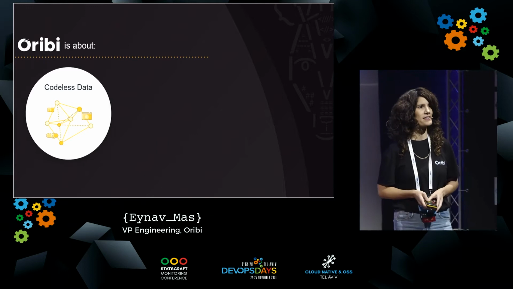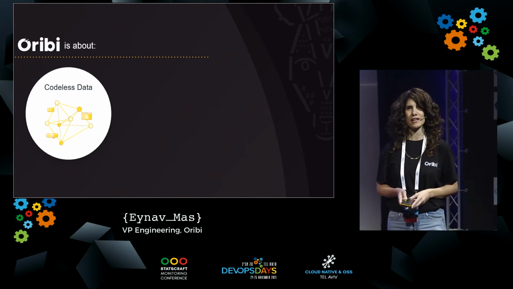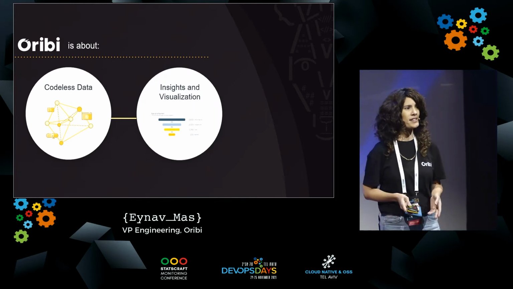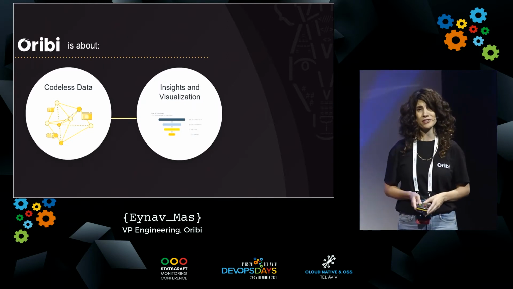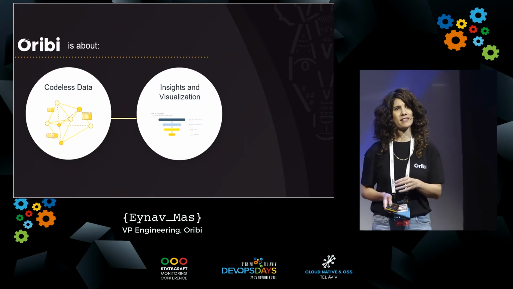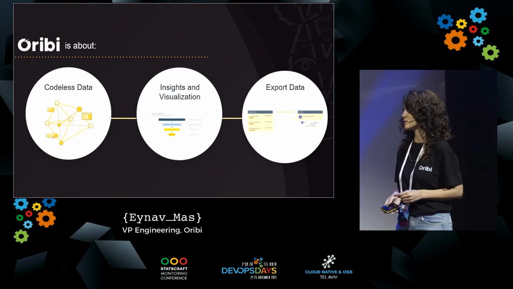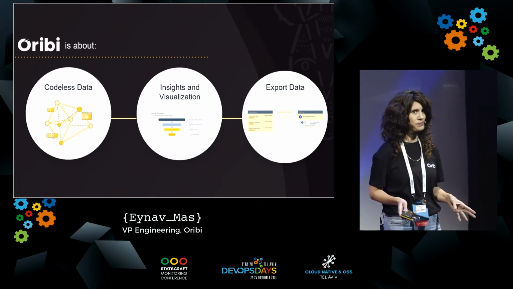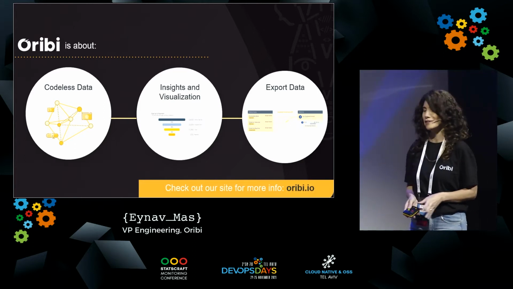Every event that is running on the website is getting to our backend, where we create insights and visualization for that, and eventually enable our customers to export this data to other platforms. Okay, so that's it about Oribi.